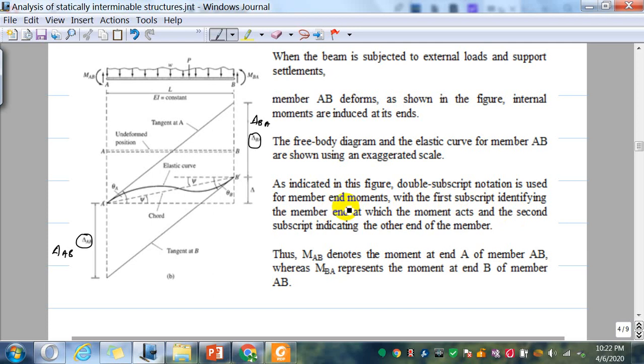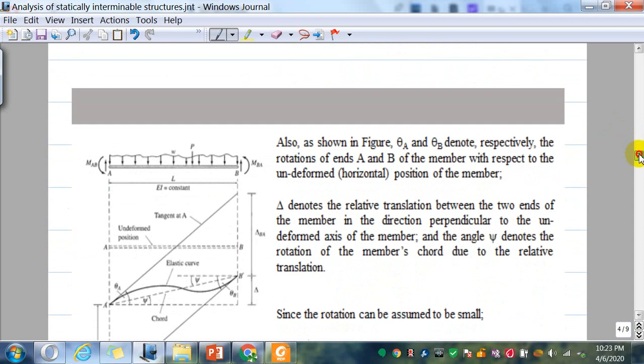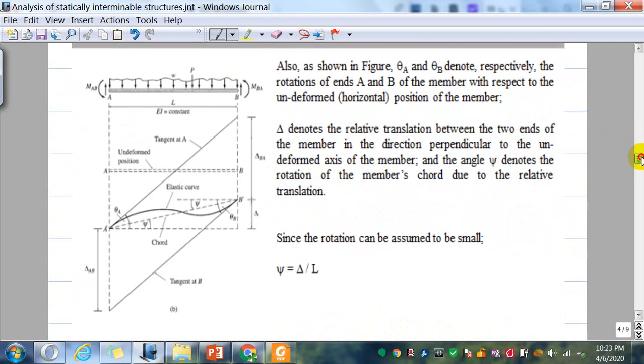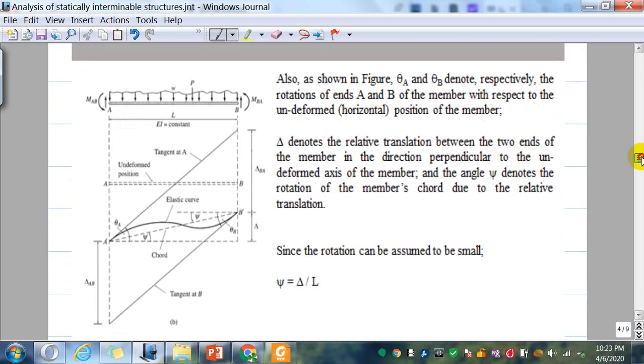The double subscript notation is used for end moments, with the first subscript identifying the member end at which the moment acts. If you consider AB, the first letter A stands for where the moment is acting, at A, and B stands for the other end of that segment. So MAB denotes the moment at end A of member AB, whereas MBA represents the moment at end B of member AB. Now we are going to derive a set of equations using this analogy.